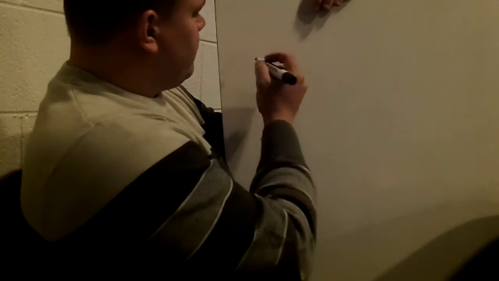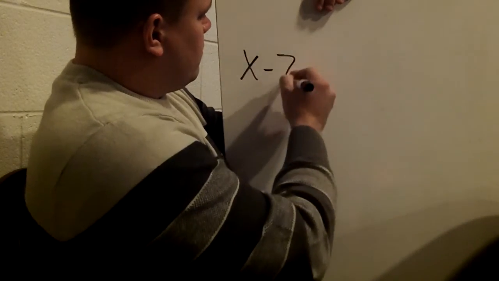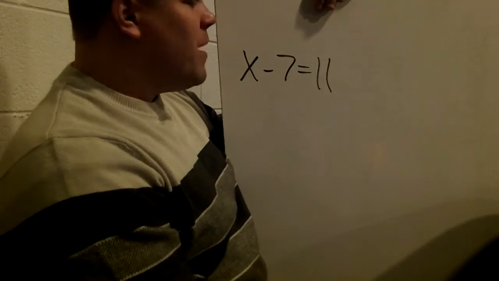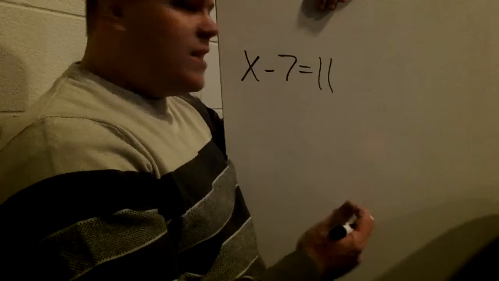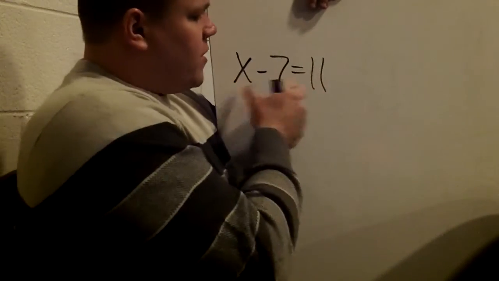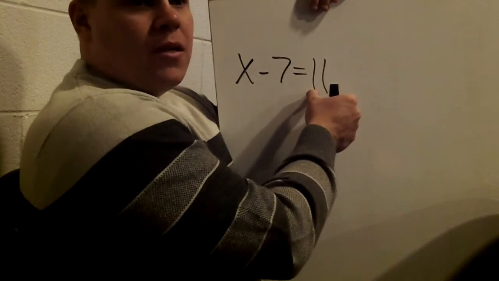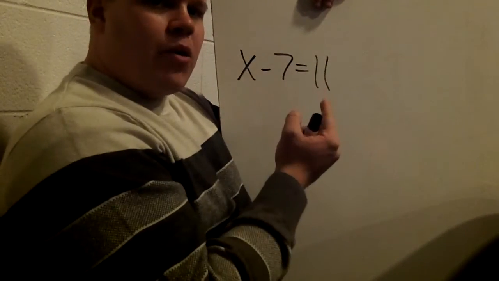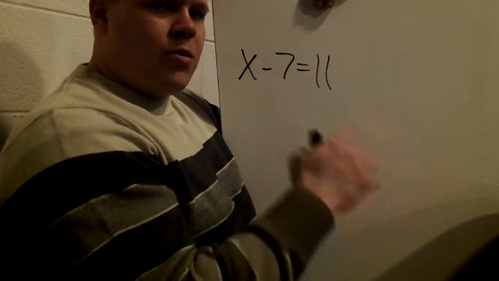So, how about an example? Well, if x minus 7 equals 11, we're basically saying that this quantity is equal to this quantity. So whatever this is has to be the same as this. However, we don't know what this is. So by balancing my equation, by doing the opposite operation, we can figure that out.